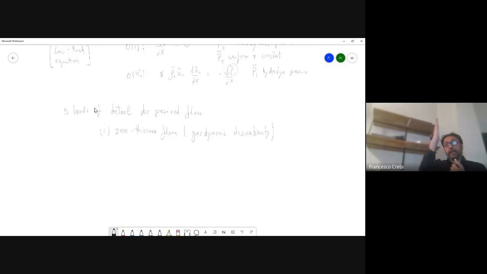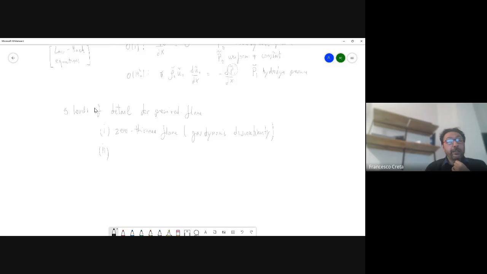You have an interface separating far upstream and far downstream states that you have to match through conservation of mass, momentum, and energy. So that's the Rankine-Hugoniot analysis, essentially. Now, if we get a little bit closer, we have a second level of detail of the flame.